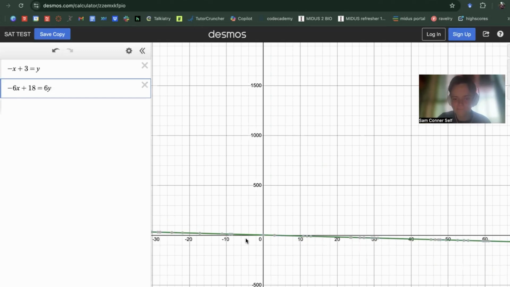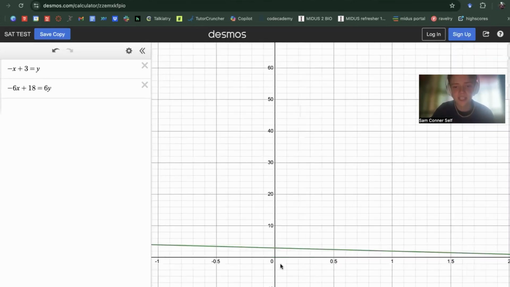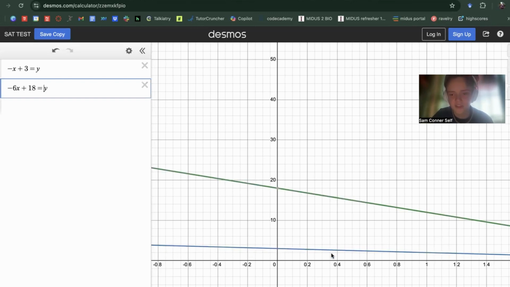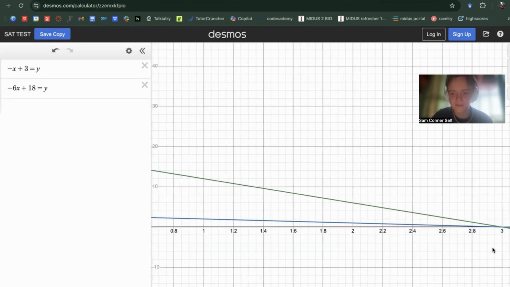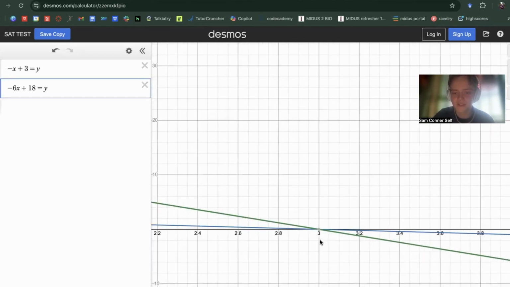Great. Because they're the same line, you can tell if you disable the view of one of them that it's going to be the same line, which would be infinitely many solutions. Alternatively, if we change this so that they're different lines, then when you see that on the test, the solution is going to be the point of intersection.